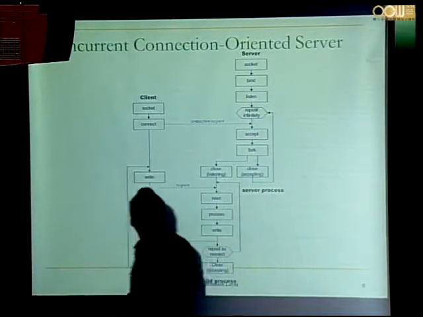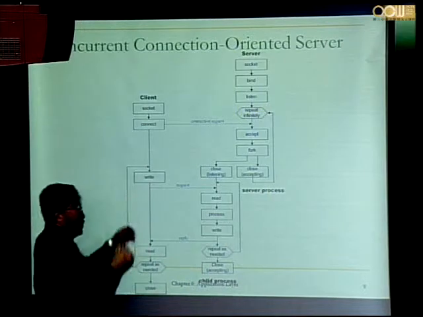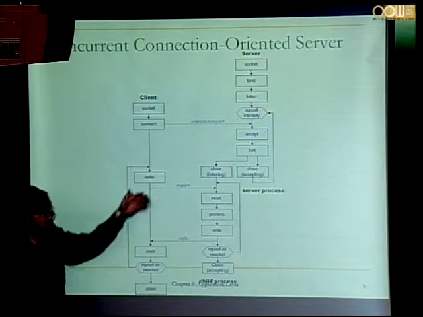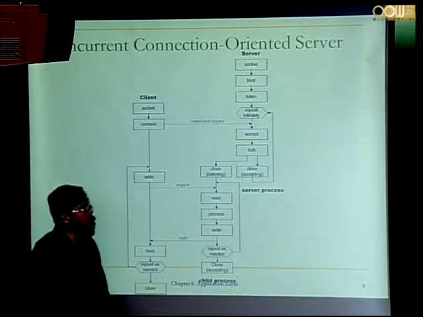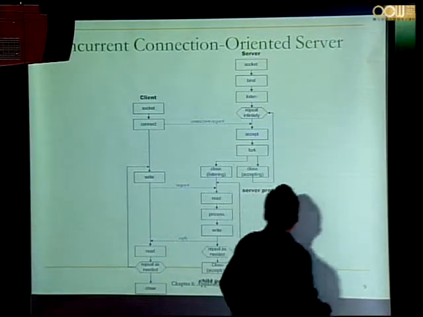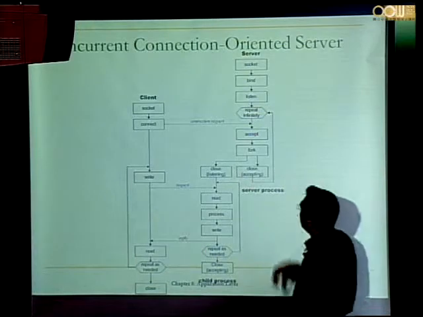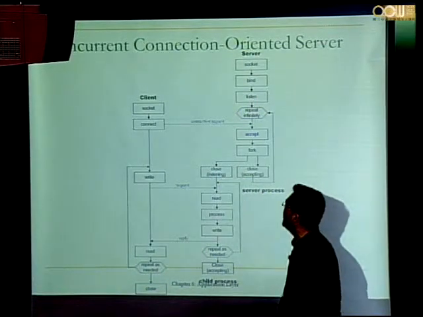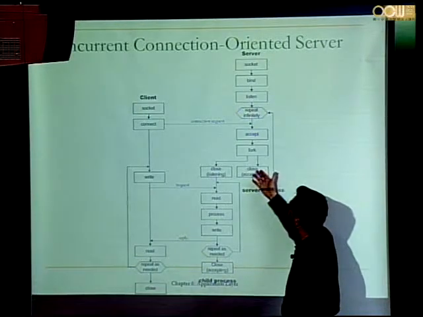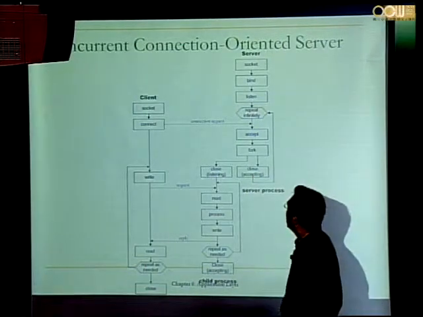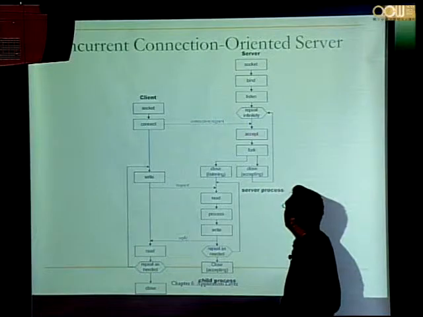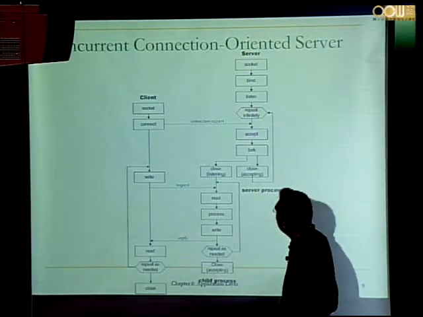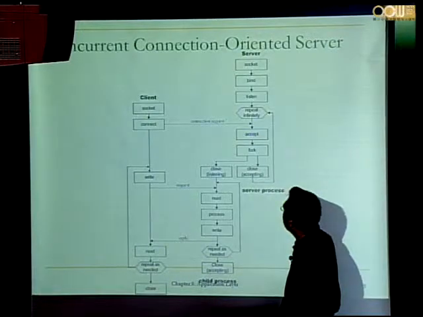And the client here would do the write and read. Write the request and then read the response. Okay. And here it closes. The child process closed the listening socket while the parent process closed the client, I mean the client socket.